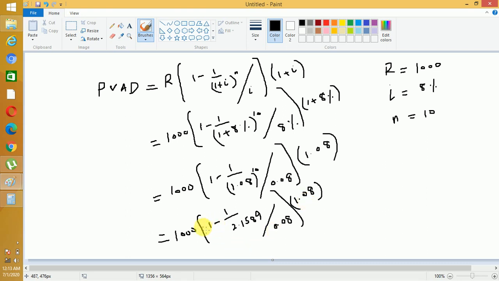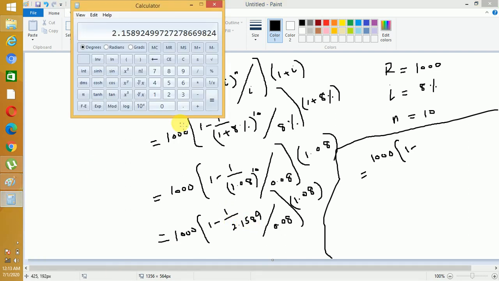Now I'm writing it here. We don't have that much space, so it is equal to 1000, again 1 minus 1 divided by, so I will write 1 minus. Now I am going to divide it: 1 divided by 2.1589. Look at this.